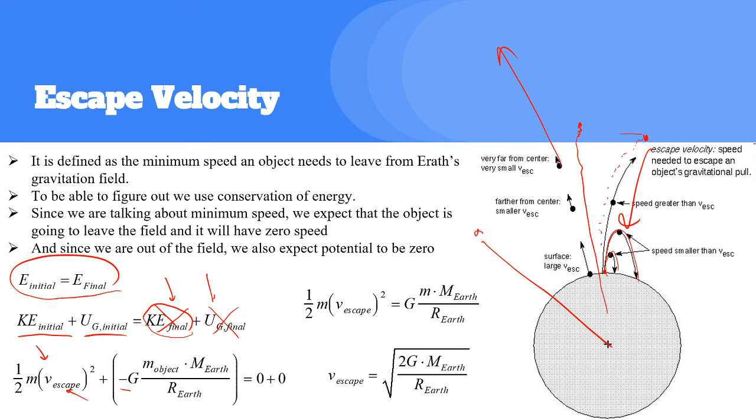Once you put them together, you will see that the right side is 0 and the left side you have positive and negative. So the final equation becomes: your initial kinetic energy is equal to the positive gravitational potential energy. When you cancel those out, your escape velocity becomes that nice equation. That's how we find the escape velocity of objects.